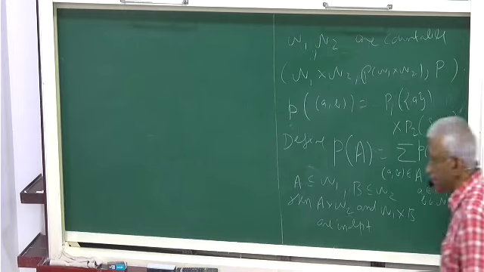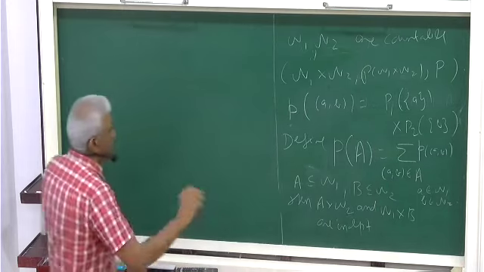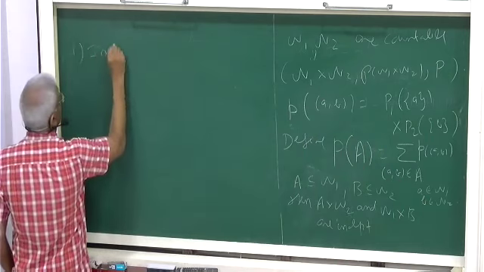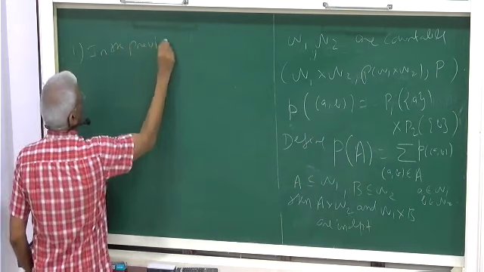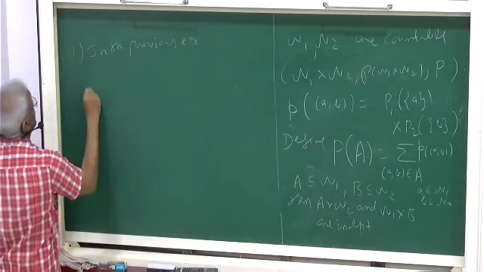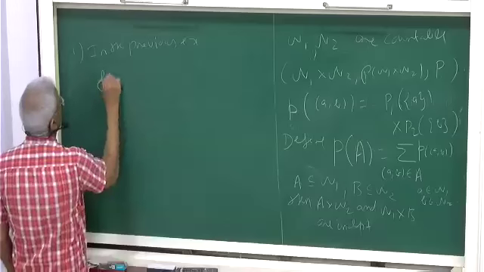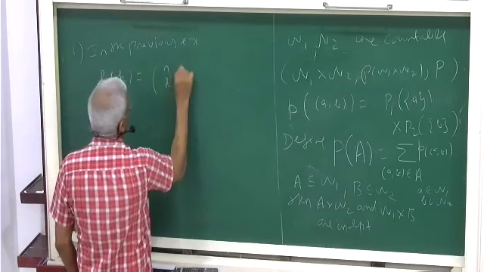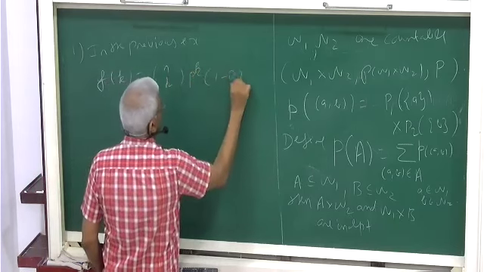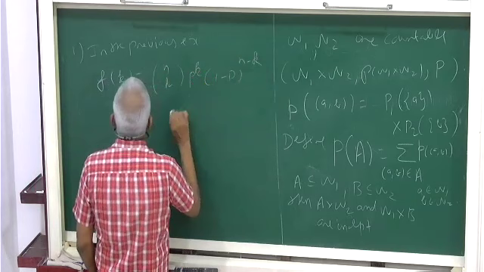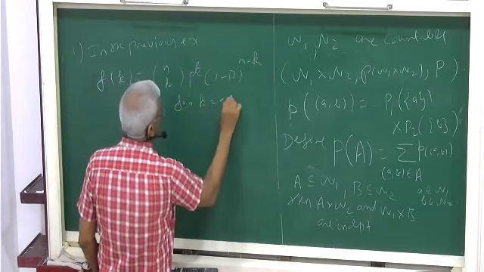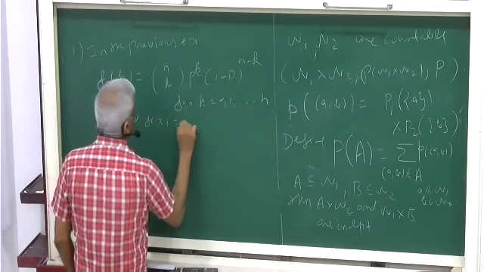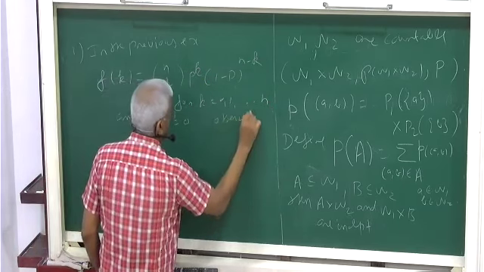So in the previous example, f of k equals nCk p to the power k (1 minus p) to the power n minus k, for k equal to 0, 1 up to n, and f of x equals 0 otherwise.